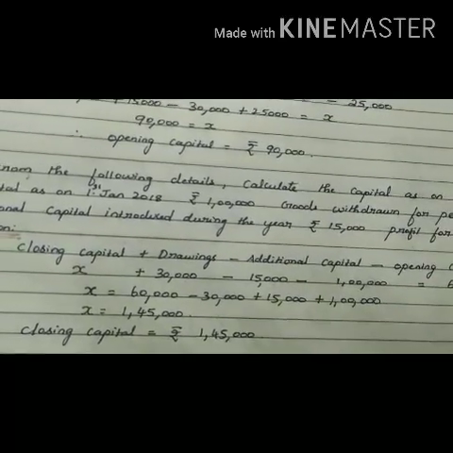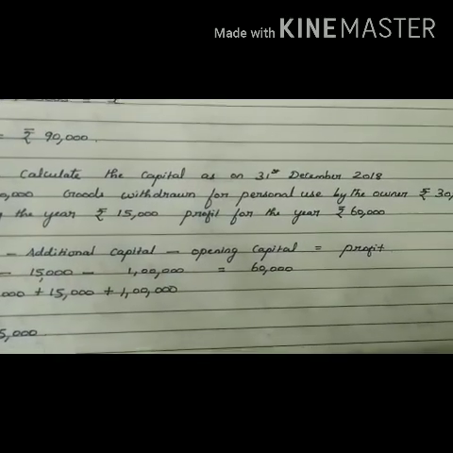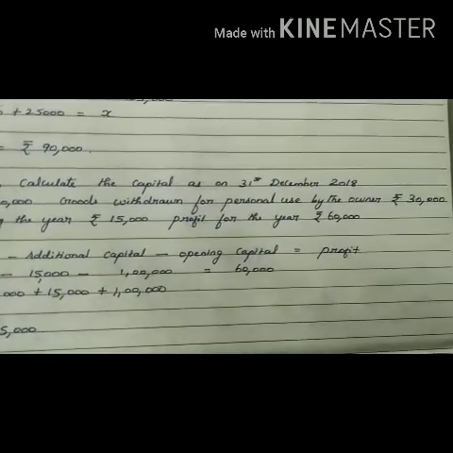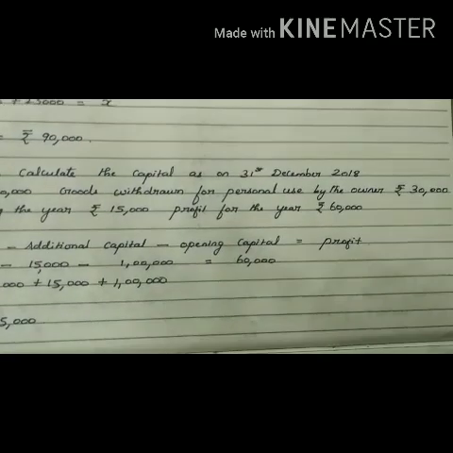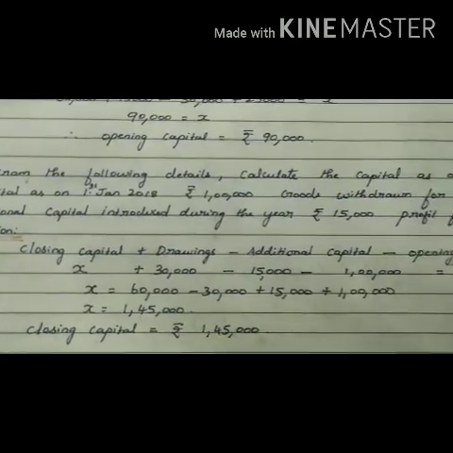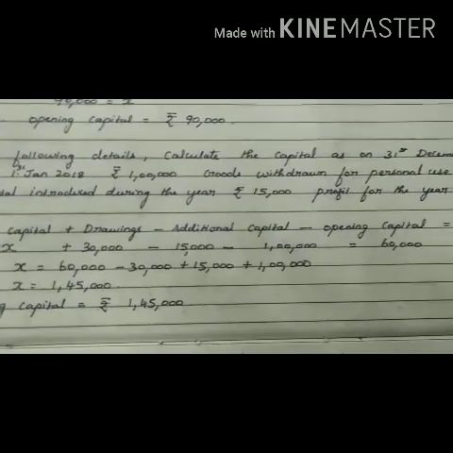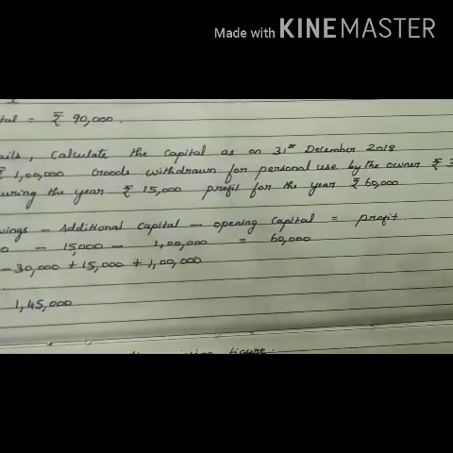Opening capital is given as 1 lakh. Goods withdrawn for personal use by the owner is the drawings. The drawings is 30,000. Additional capital introduced during the year is 15,000. This is the additional capital. Then profit for the year is 60,000.